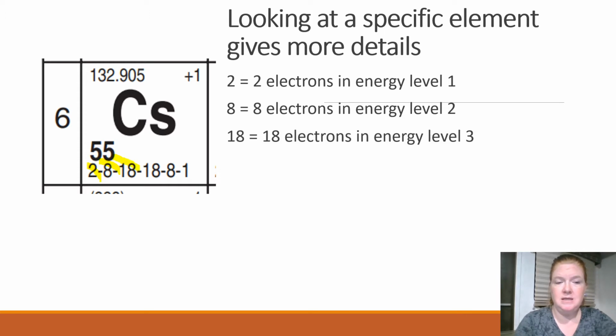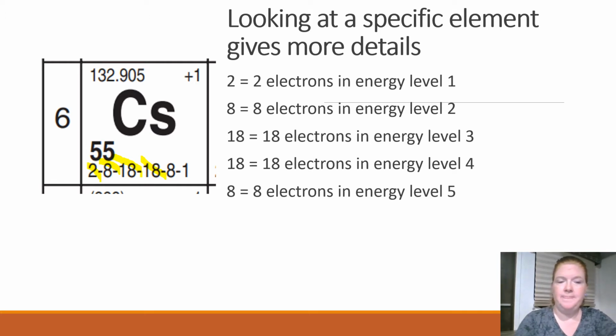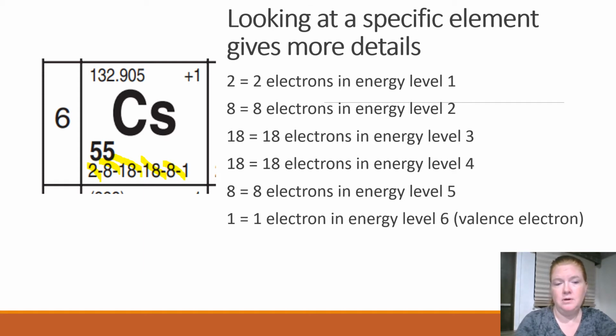This 18 means there are 18 electrons in energy level 3. The next 18 means there are 18 electrons in energy level 4. This 8 means there are 8 electrons in energy level 5. And this 1, there's 1 electron in energy level 6. Since it's the last number, we already learned, that's the valence electron.